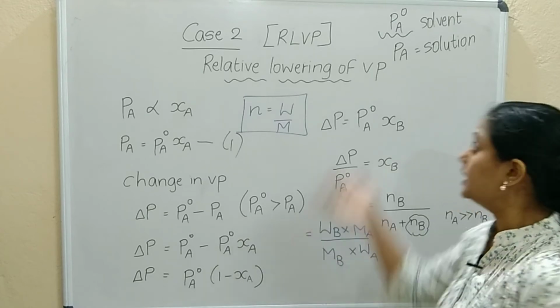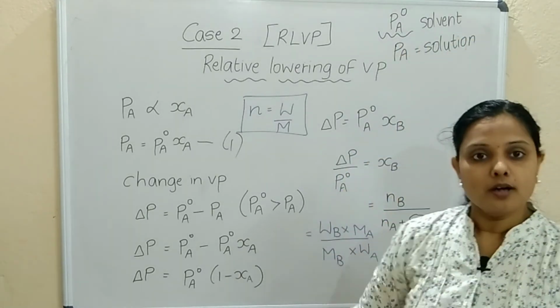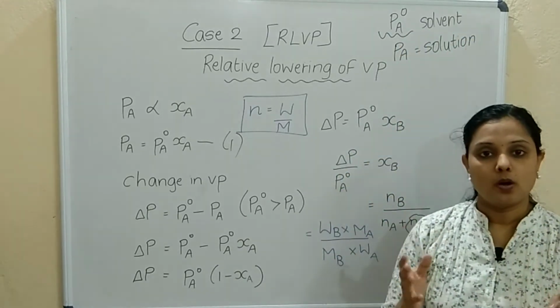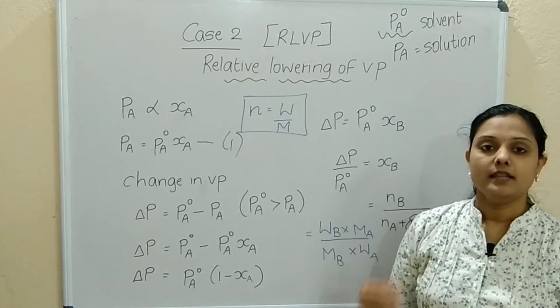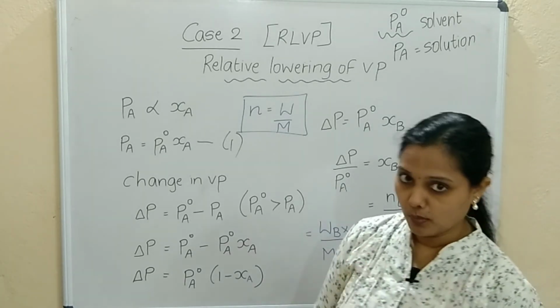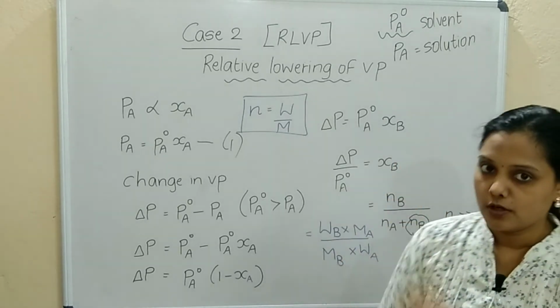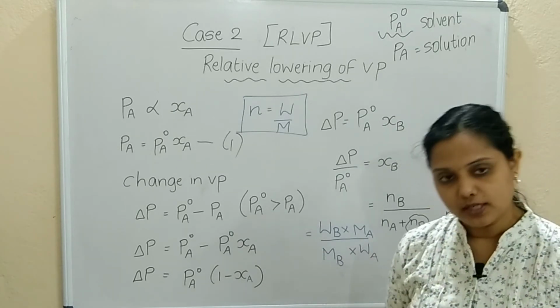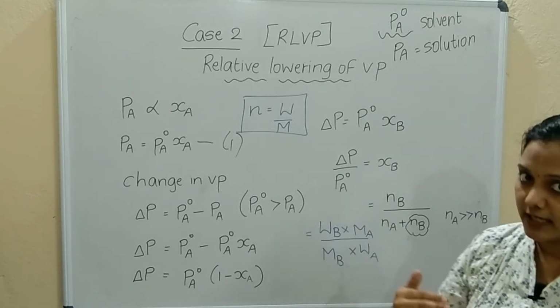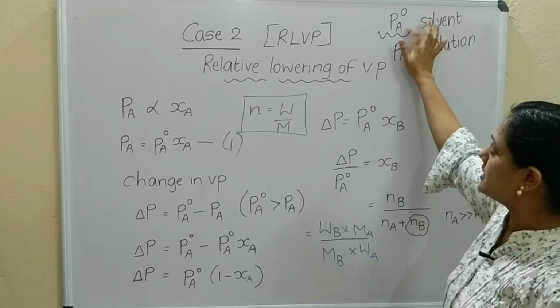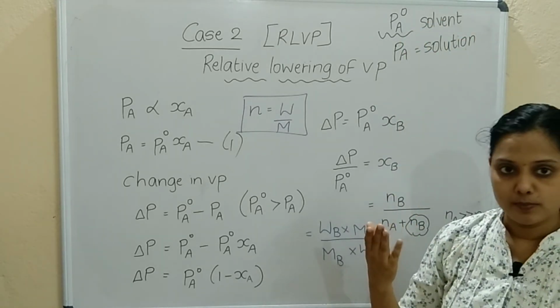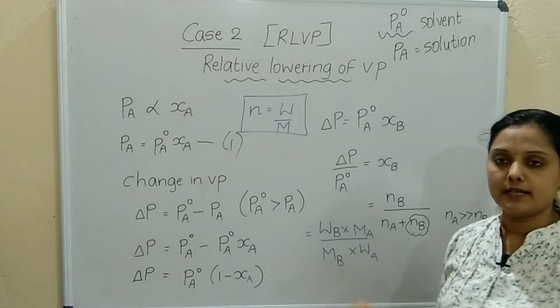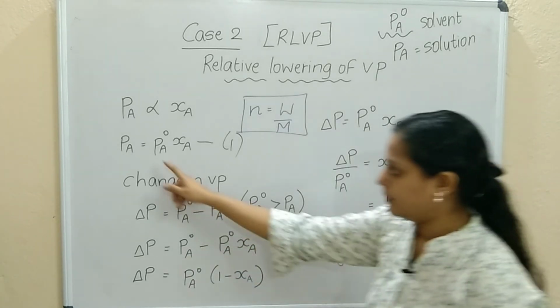I told you that for the pure solvent, the vapor pressure will always be more. But if you add any solute to it, it becomes a solution, so the vapor pressure decreases. For any pure substance the vapor pressure will always be more, and we denote it as PA degree.